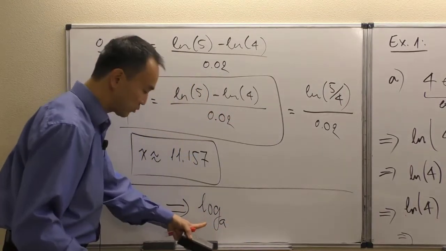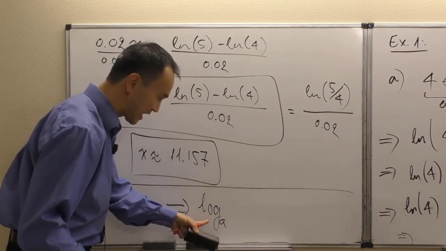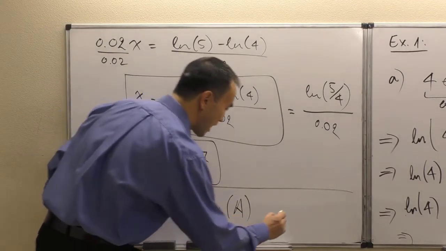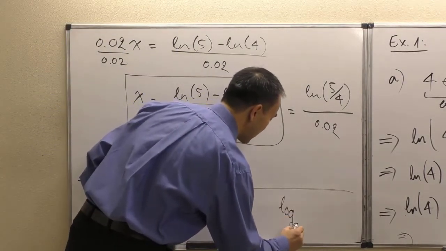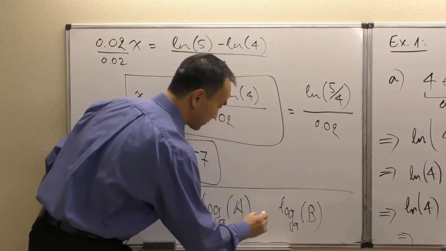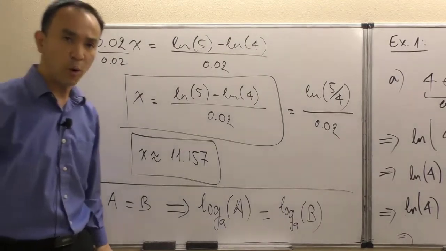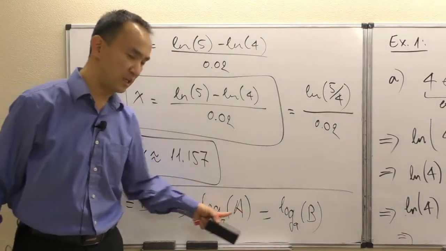Once we have chosen a base, we stay with that same base for the two expressions. So take log base A of the expression A, and take log base A of the expression B. The two new expressions will still maintain equality between them.